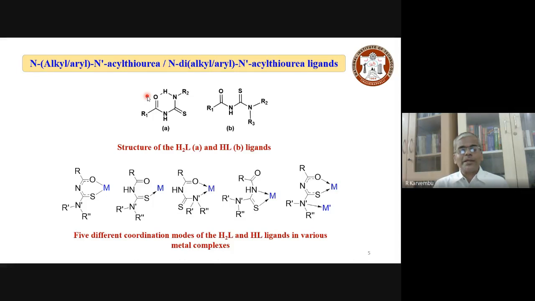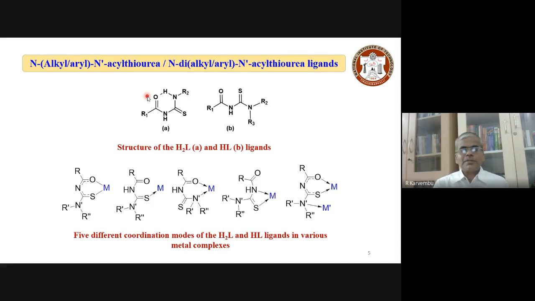The second one is monodentate coordination mode of sulfur. This is very interesting. Even in the presence of oxygen and two nitrogens, only sulfur is coordinated to the metal. This was mainly observed with copper because copper likes sulfur very much based on the HSAB principle.